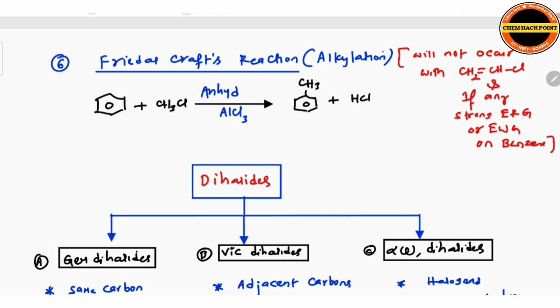Because if any ERG, it will react with AlCl3, Lewis acid. If any strong EWG, electron withdrawing group, it deactivates the ring, so that no further alkylation occurs. So remember.